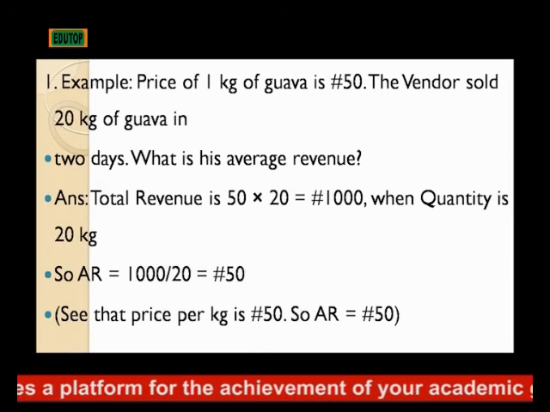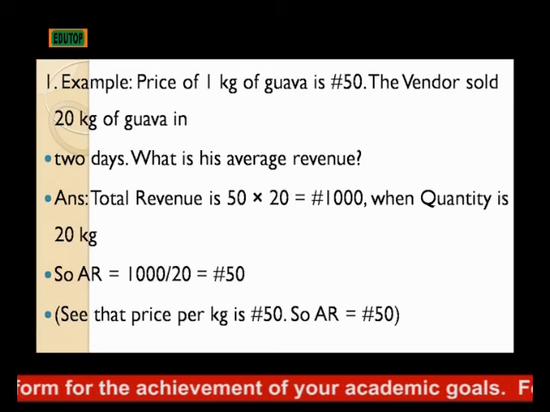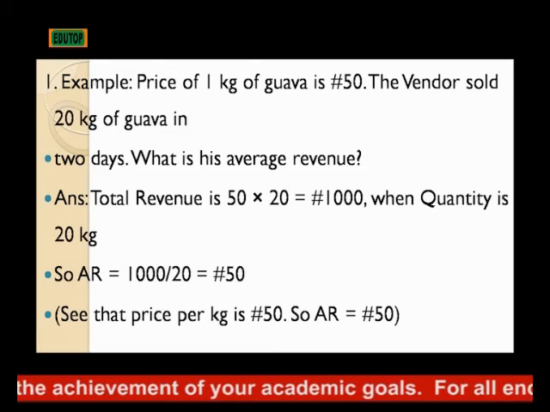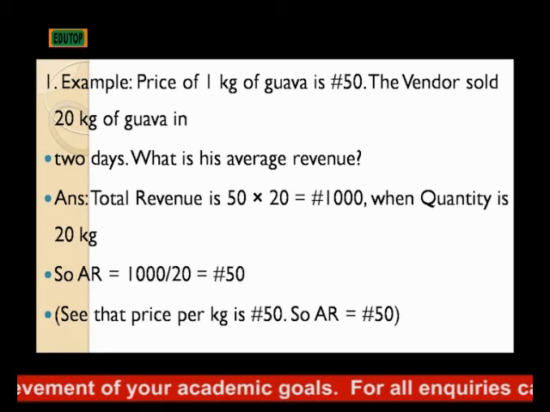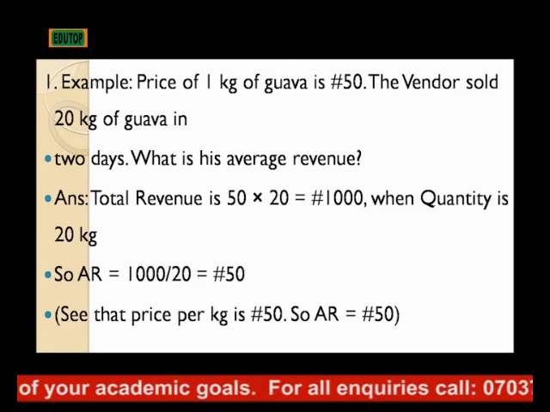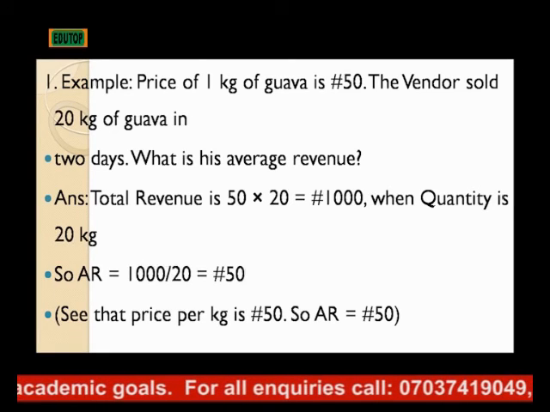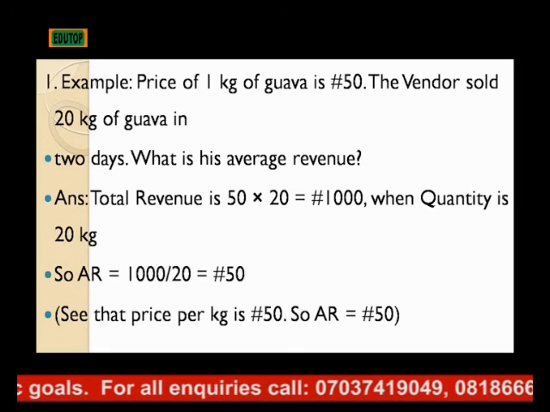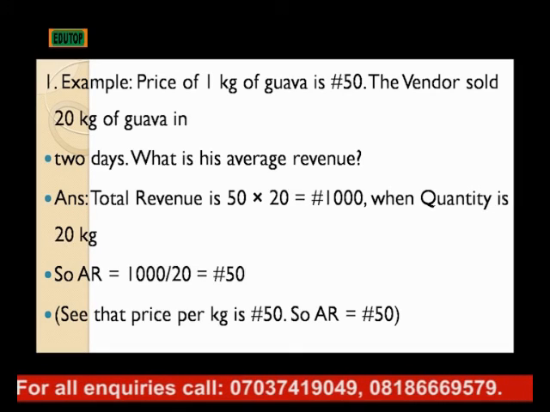That is, the 20 kilograms of guava sold for that period of time is equal to 1,000 naira, and the quantity of guava sold was 20 kilograms.